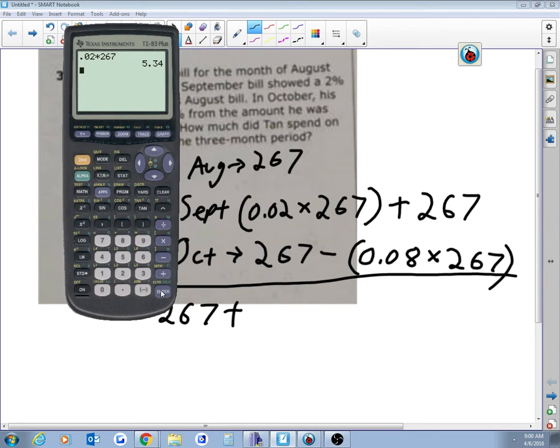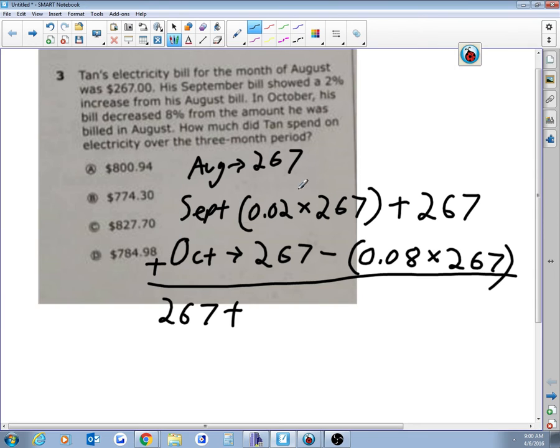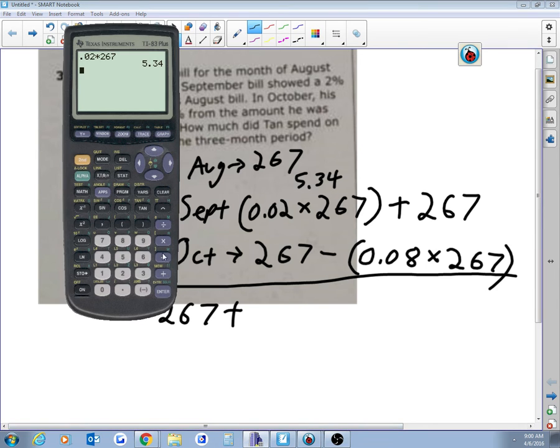So 2% of 267 is 5.34. We add that to 267, and that gives us 272.34.